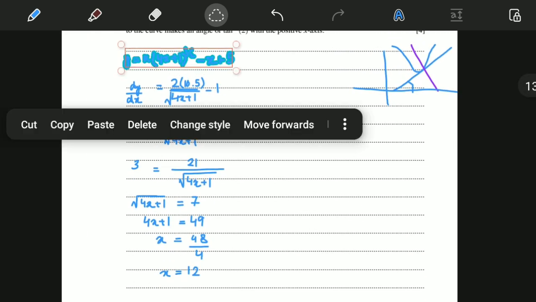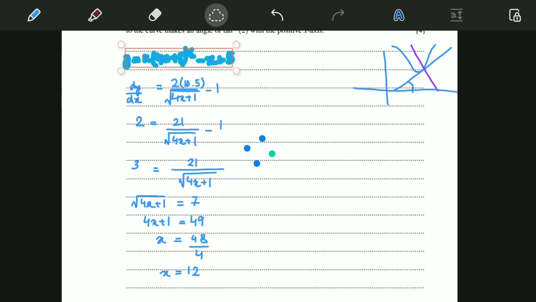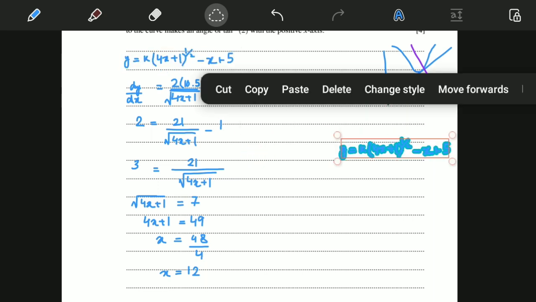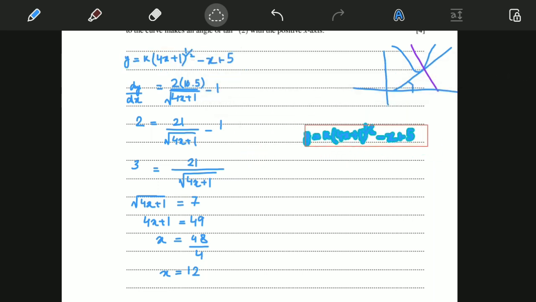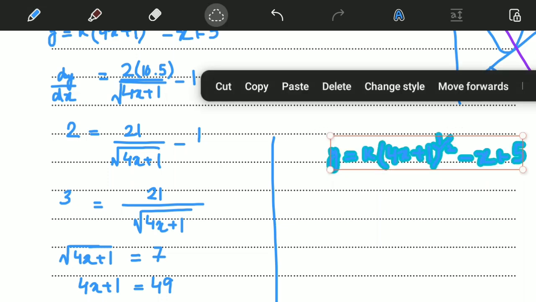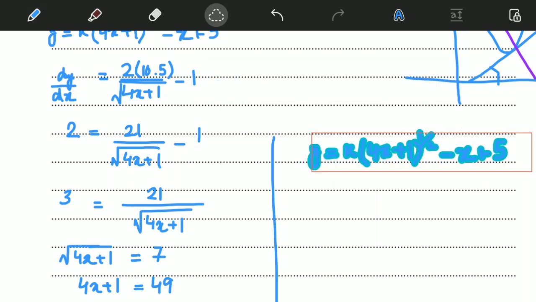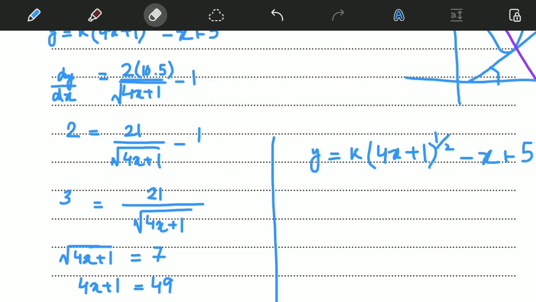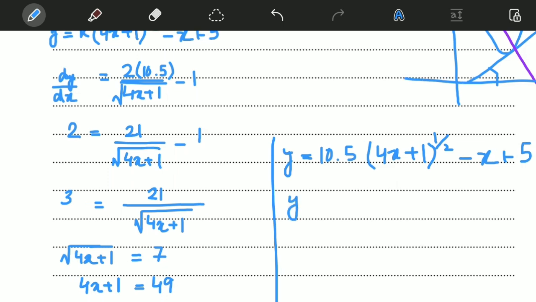So taking it, here one more thing is we haven't substituted 10.5, so we will do that. Okay, and putting x equals 12.